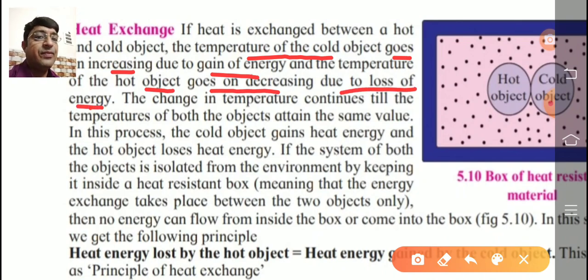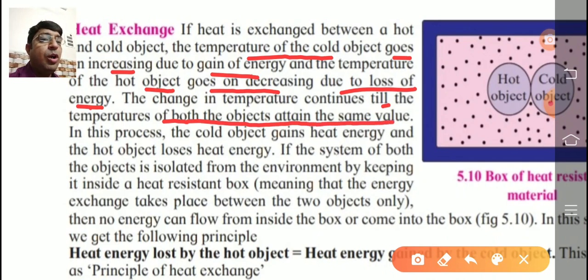The change in temperature continues till the temperature of both the objects attains the same value. So in this process, the cold object gains heat energy and the hot object loses heat energy. That phenomenon occurs inside that box.